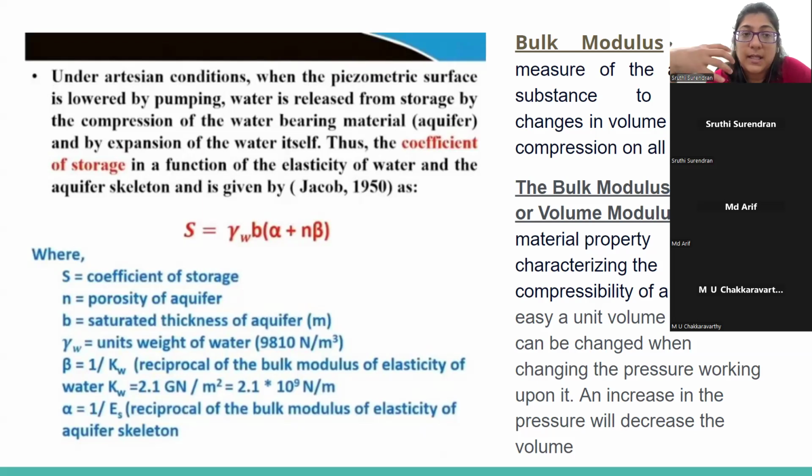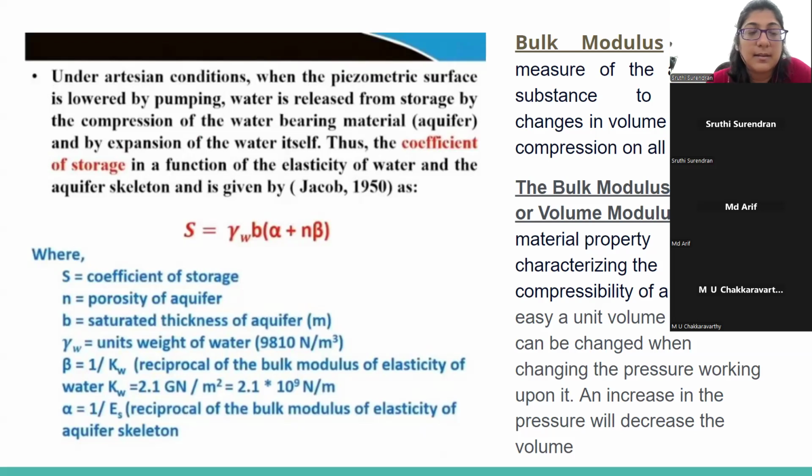Now, when we install a pump and take water from these aquifers, this will result in the reduction of the pressure of the water in the confined aquifer. After a point of time, the water is released not because of pressure, but from whatever water is stored in that aquifer or because of the expansion of the water itself.